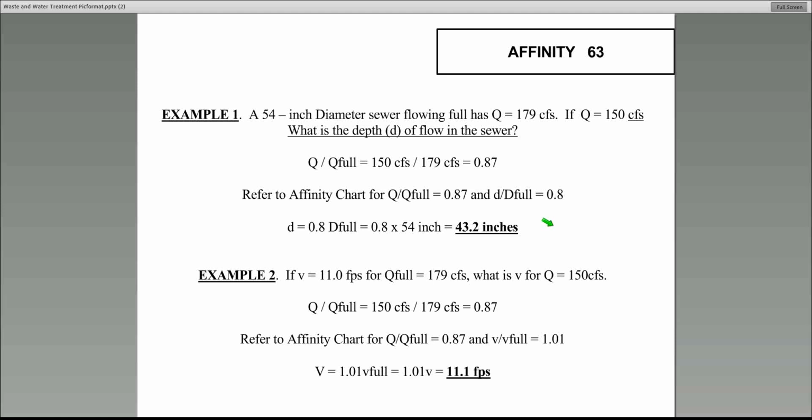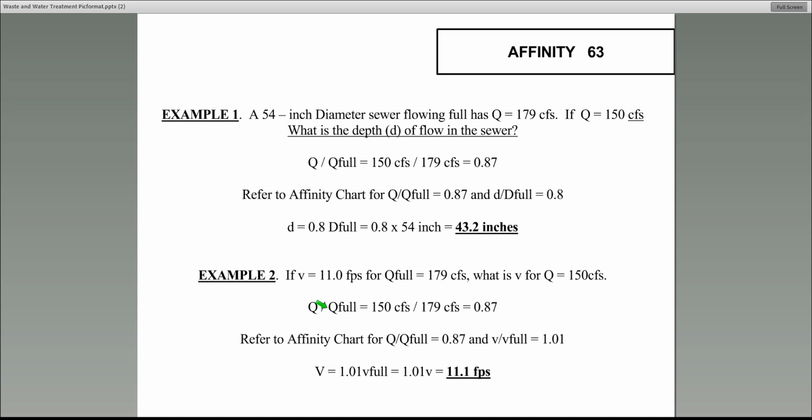So this is a good way to do it. You can use the tables in the back of your civil engineering book, and they have these affinity tables that are pretty complex, or you can just use this table. And you can do the same thing with velocity. If you have velocity full equal to 11 feet per second, Q full equal 179, Q equal 150, what is the velocity?